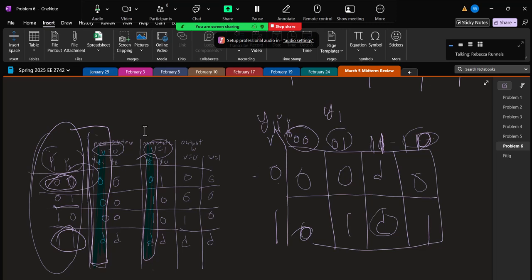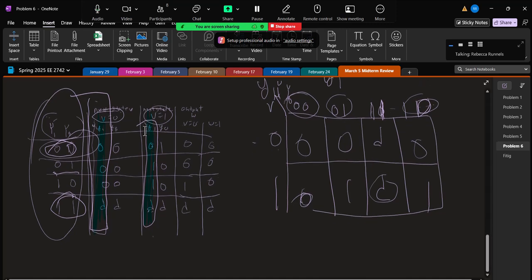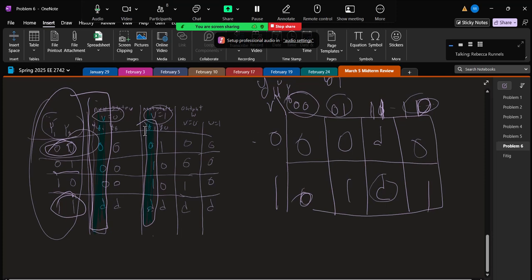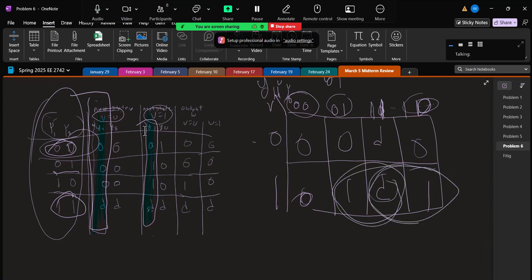And so now I have my Karnaugh map for y1. So here's my K-map for y1, and it looks like my best cover is going to be that. Unless anyone can see something different. And that would be Y0V or Y1V?